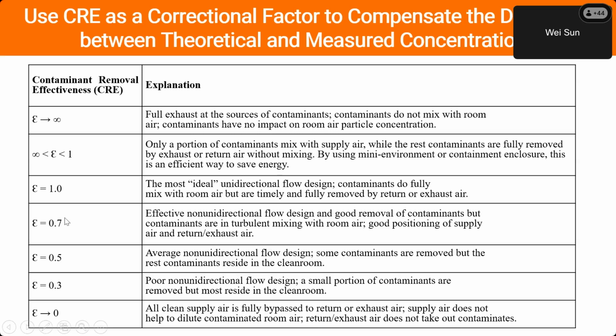But if the effectiveness is going lower, typically, let's say 0.3, that is poor unidirectional flow design, where a small portion of contaminants are removed, but most reside inside the clean room. If it is 0, the particles generated in the clean room do not exit properly. They stay inside the room.